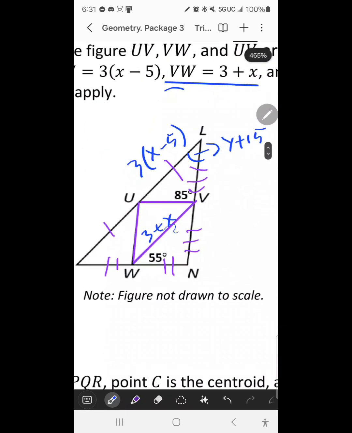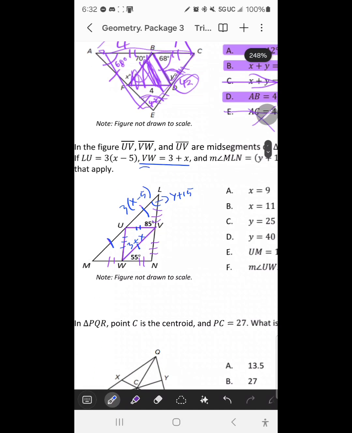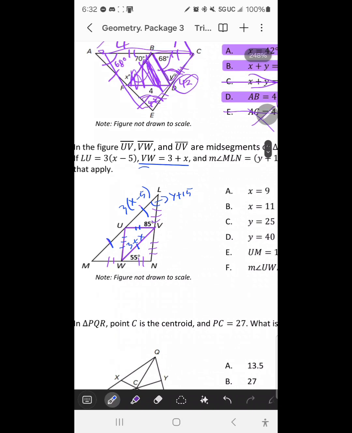As I was explaining before, this side is equal to this side and this side. So if these two sides are equal, I can just say 3 plus x equals 3x minus 5.